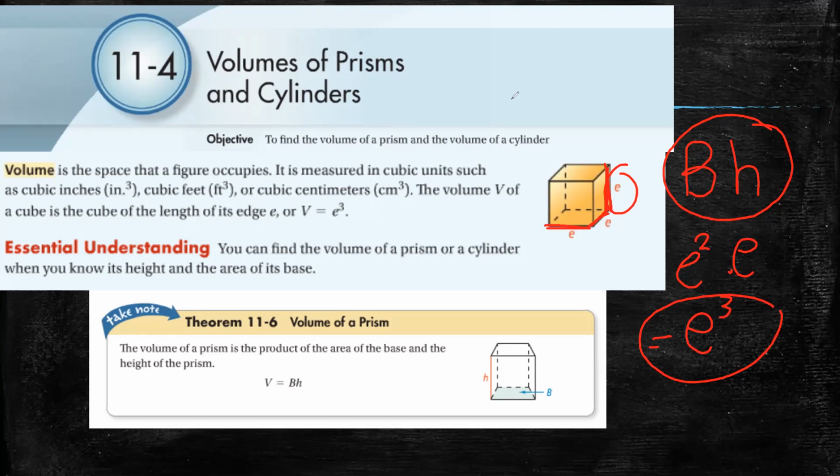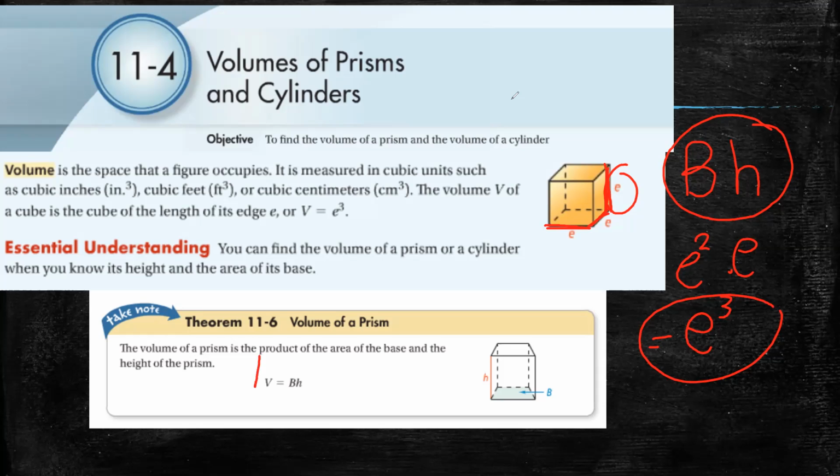Now, what about the prism and what about the cylinder? Let's talk about the prism. The basic formula to find the volume of the prism is the base times the height.